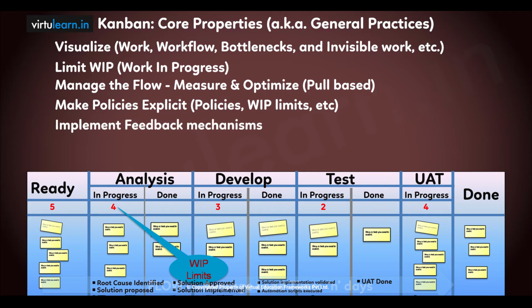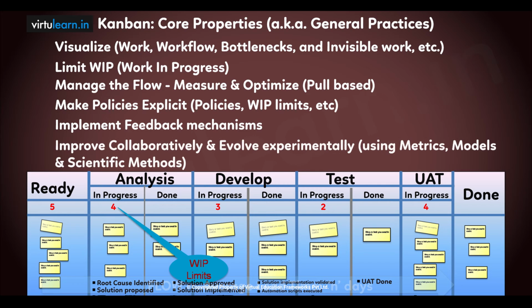Implement feedback mechanisms. Kanban improves collaboratively and evolves experimentally. So we need to implement various feedback mechanisms. They are nothing but the ceremonies or the meetings that we do, and the inspect and adapt mechanism, which is empirical in nature, coming from lean thinking, called plan, do, check, act.